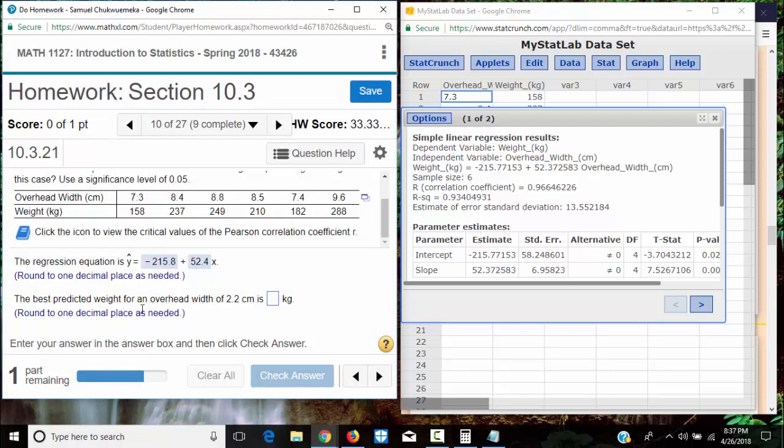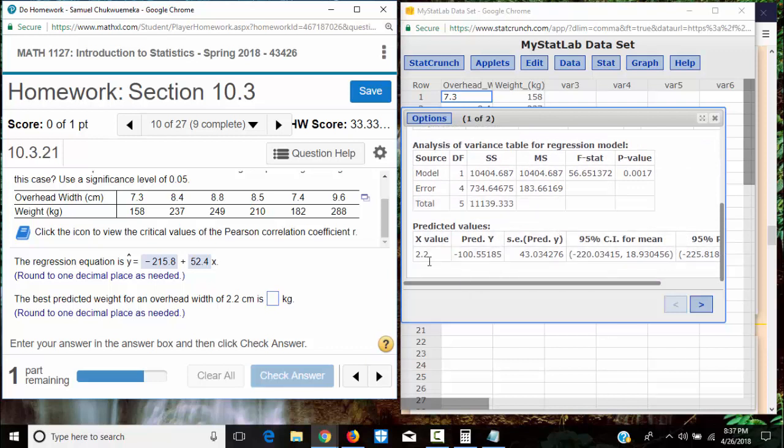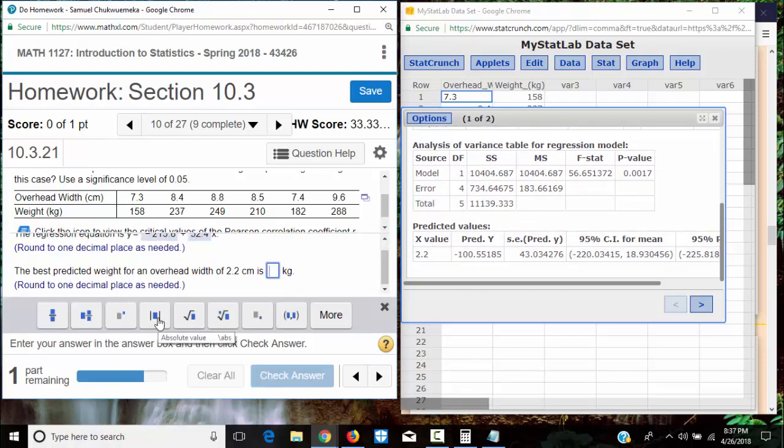The best predicted weight for an overhead weight of 2.2 centimeters is what? So we scroll down, and to 1 decimal place it will be negative 100.6. Negative 100.6. As you can see here, predicted y.